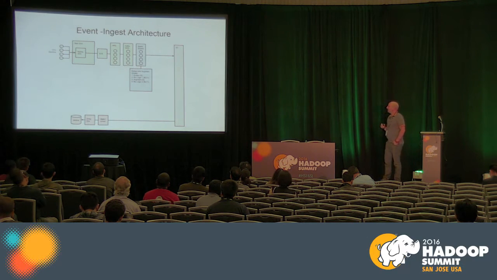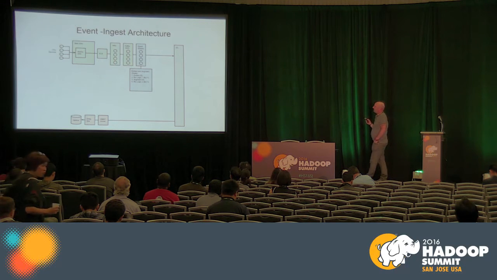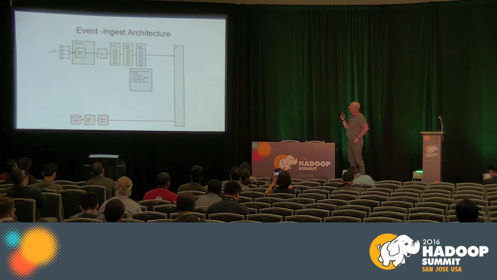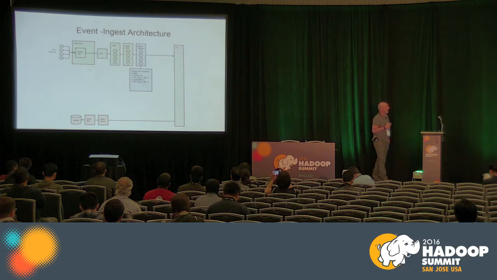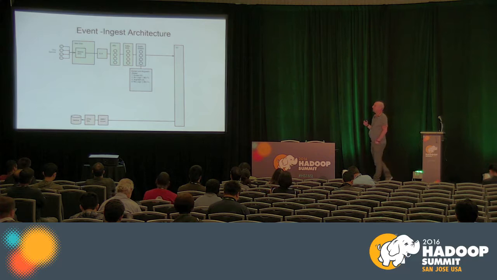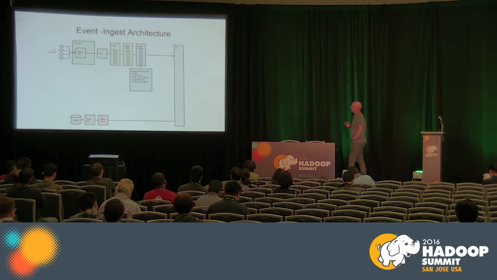The product is instrumented to emit beacons with the web and mobile SDK. Those calls will then go into an elastic load balancer. The elastic load balancer will go to a Jetty cluster, and the different nodes in the Jetty cluster will feed different partitions in a Kafka cluster. So that's the ingestion part.